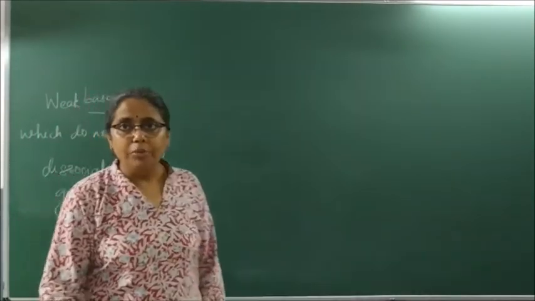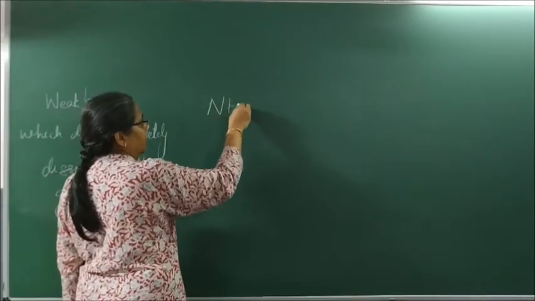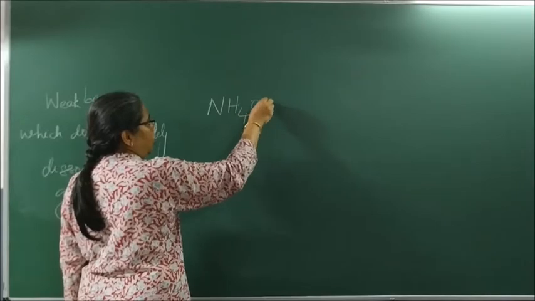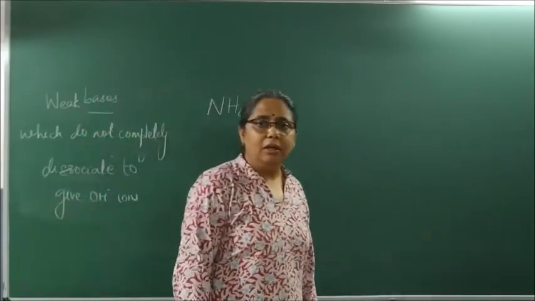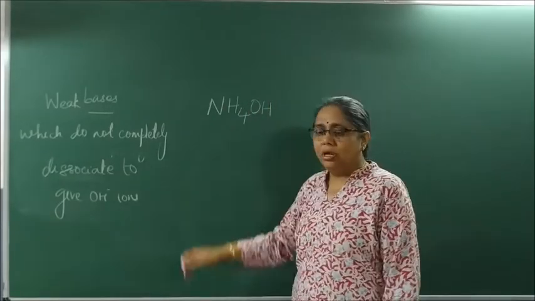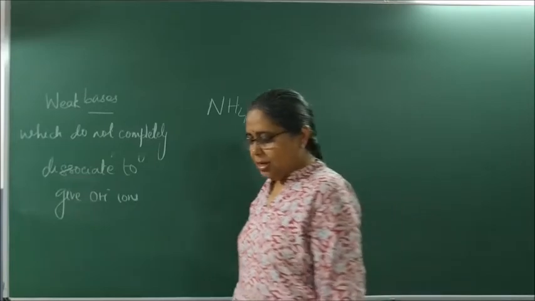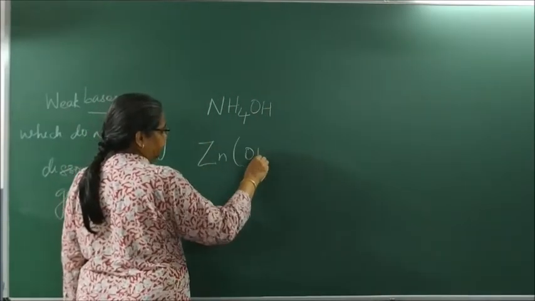The most common weak base which we study is ammonium hydroxide. The commonest weak base example, always it is ammonium based weak bases. So it is what? Ammonium hydroxide. Okay, the next one you can understand here.